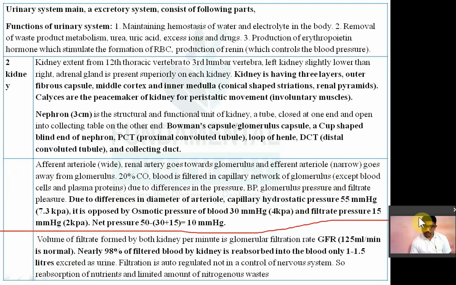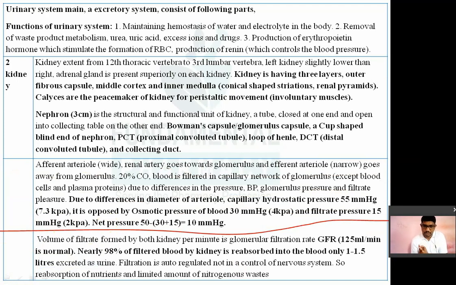You can see, due to the difference in the diameter of the afferent arteriole and efferent arteriole, there is a generation of hydrostatic pressure known as capillary hydrostatic pressure, which is around 55 mm of Hg, that is 7.3 kilopascal. This pressure is opposed by the osmotic pressure of fluid, which is around 30 mm of Hg or 4 kilopascal.